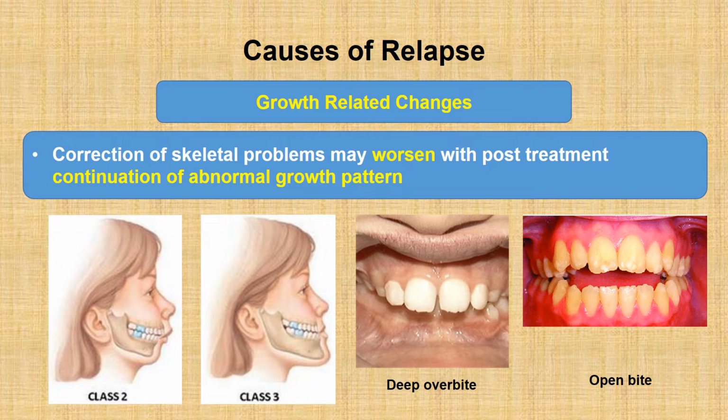This is especially so in class 3s, where you have continuing mandibular growth, which will overcome the effects of treatment. The other problems that will worsen with growth are a deep skeletal overbite and a skeletal open bite.